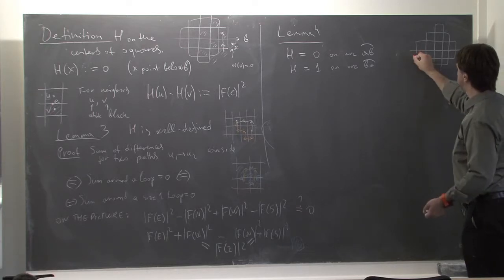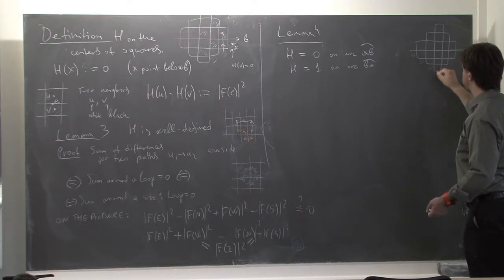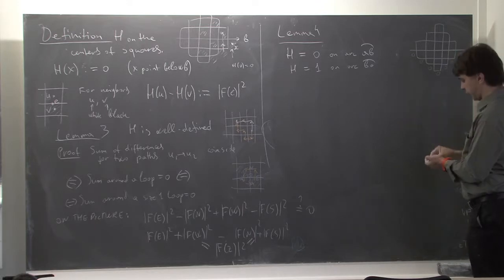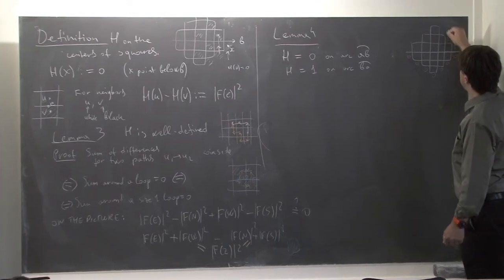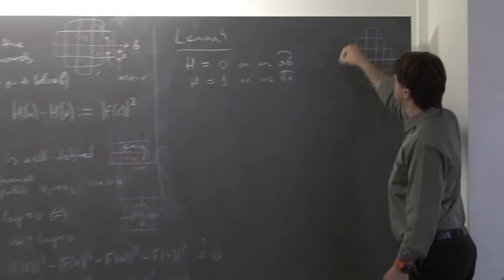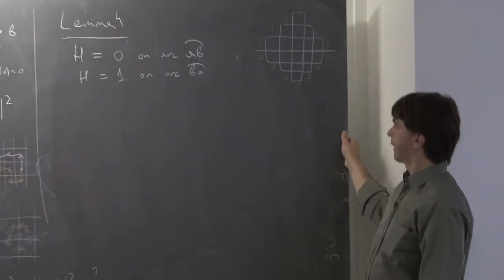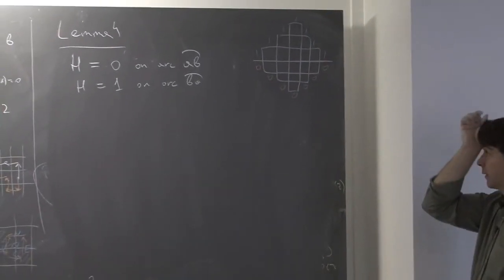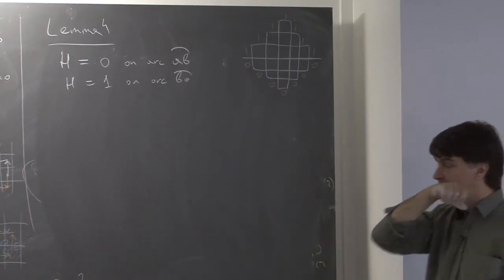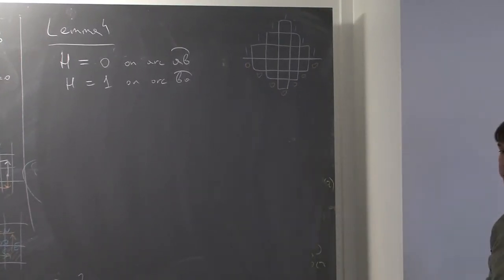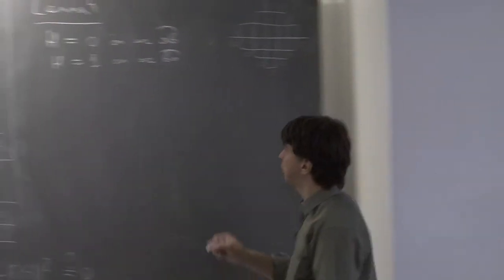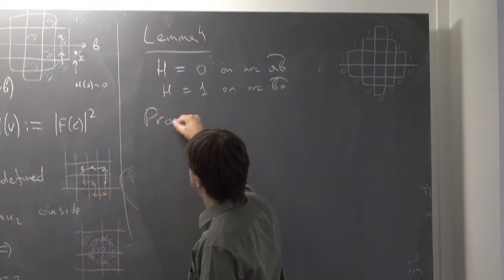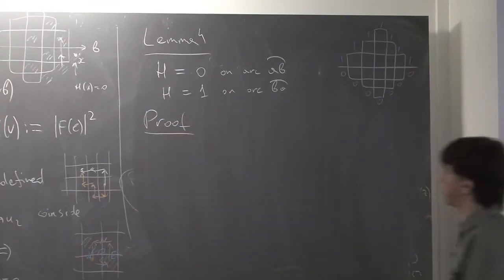Basically H is equal to 0 at these squares, which are immediately outside our domain, and it's equal to 1 at those squares. So it satisfies a very nice Dirichlet boundary value problem, the one which we already studied at length. If H were harmonic, that would have done it.